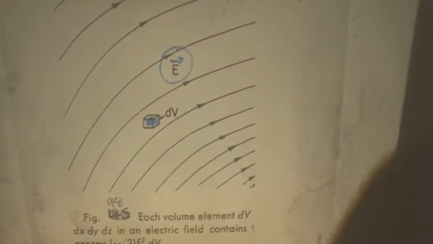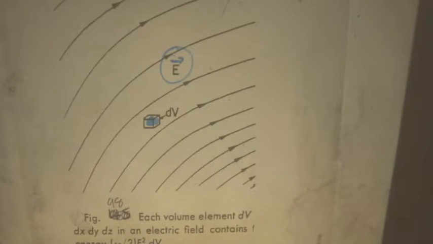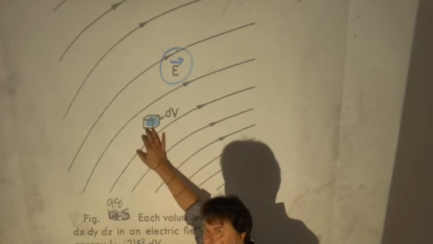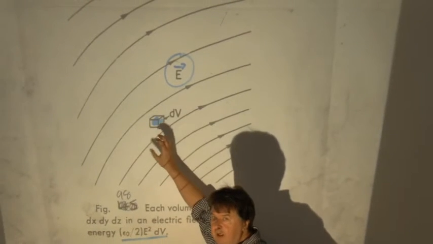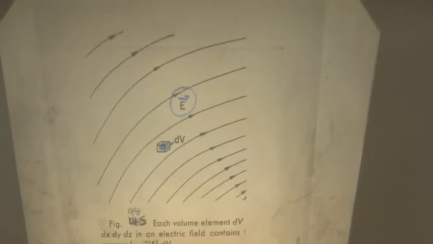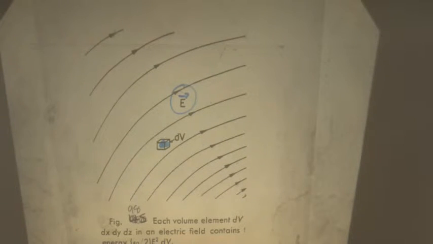So this is the more advanced formulation of electrostatic energy. We've now defined the energy as a function in 3 dimensions. We've got an energy density that exists everywhere in space, and we integrate over that to get a total energy.